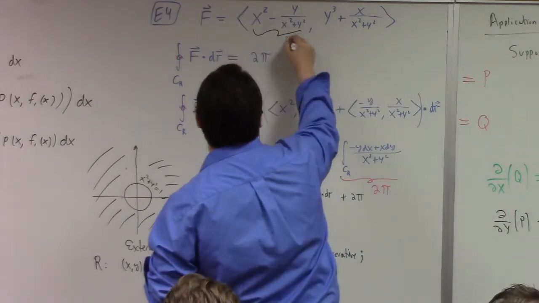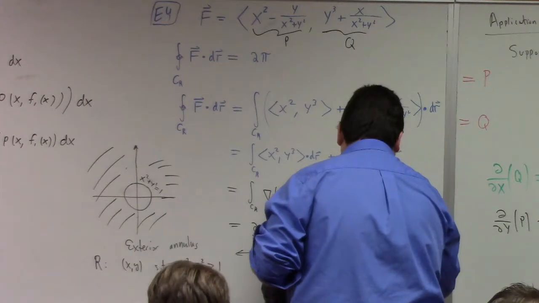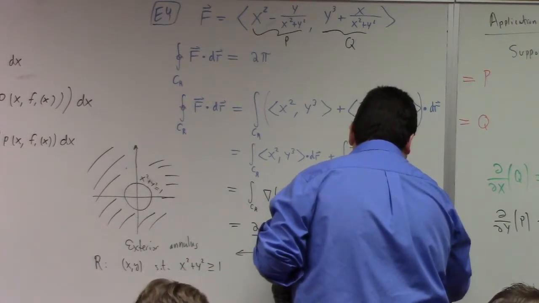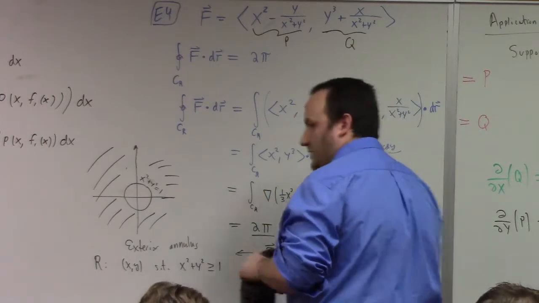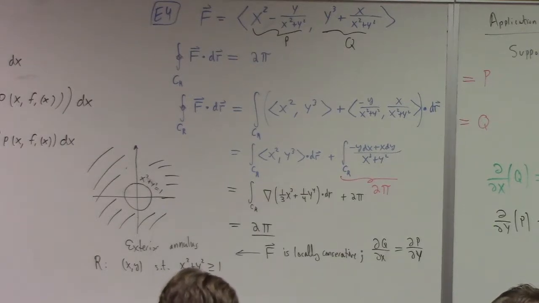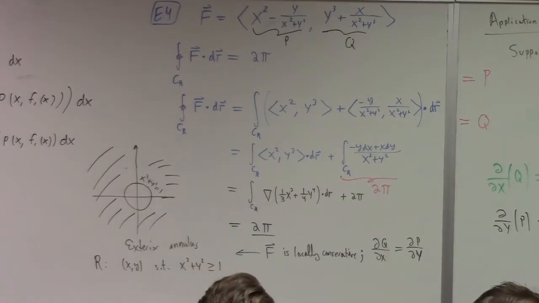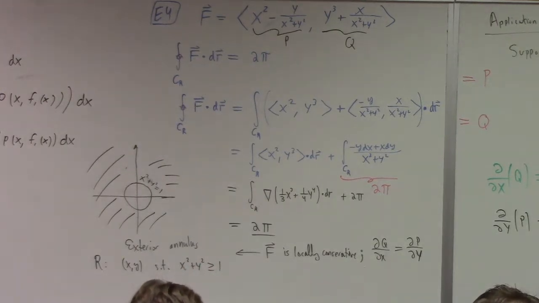Calling this P, calling this Q, we have partial Q partial x is equal to partial P partial y, because the calculations we've already done today show that. The new piece that I added, the x squared and the y cubed, don't change that. Those differentiate to 0 under the y and x derivatives I'm talking about here.